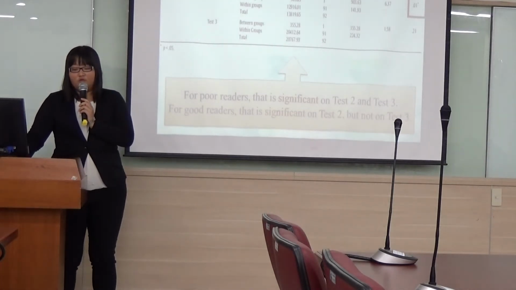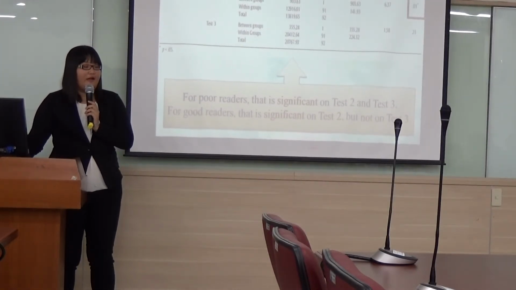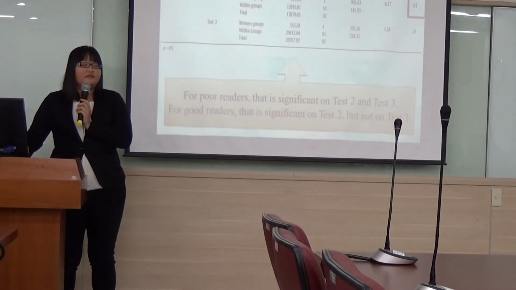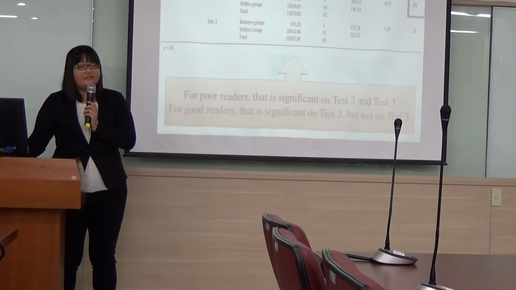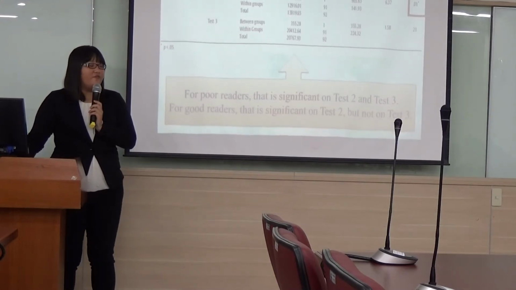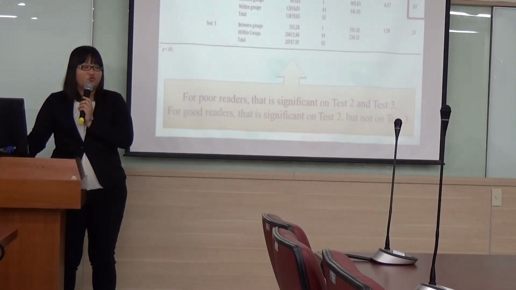But for the good readers, there is significance on test 2, but not on test 3. The concept mapping reading strategy had more effect on poor readers than on good readers.